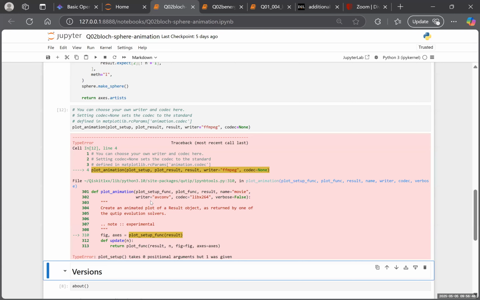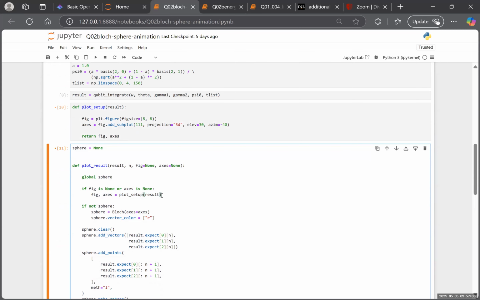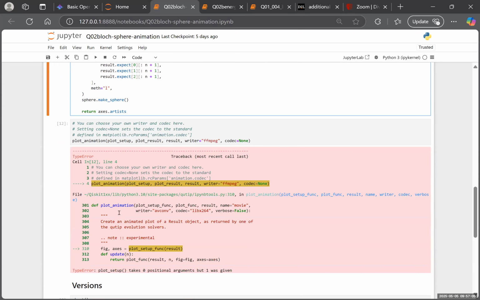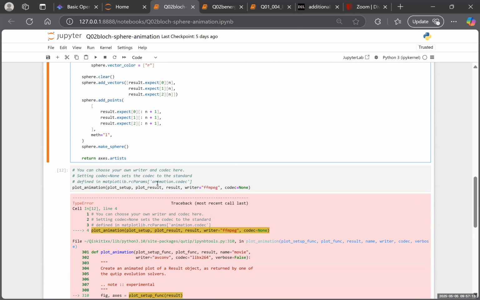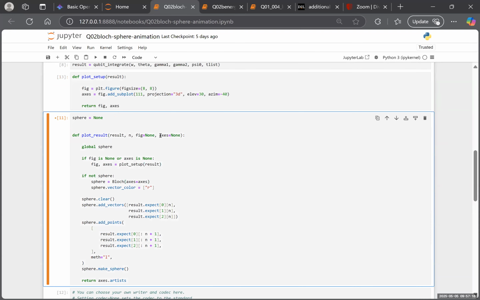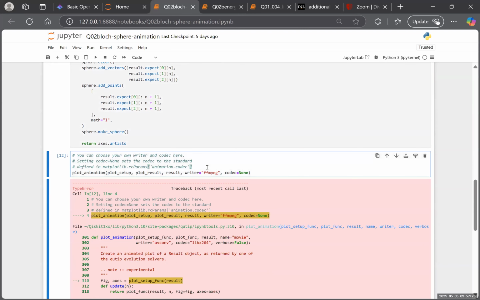Okay, so it seems that you still need to have that. So let me just put this back. Trying to see. But this is actually not used at this point. But I think in this plot animation setup, you need to have result here. That's why it was set up that way. So let's just respect that setup.